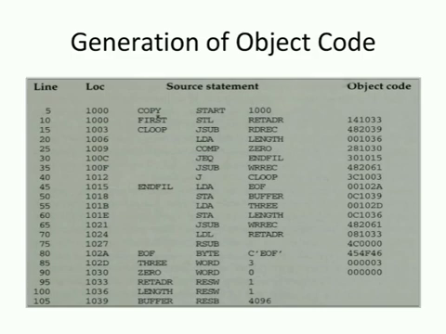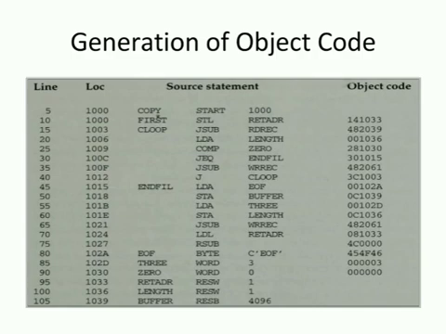So 14 will be stored as 0001 0100 in your opcode field. Then next is X. X will be 0 because the instruction is not indexed addressing.